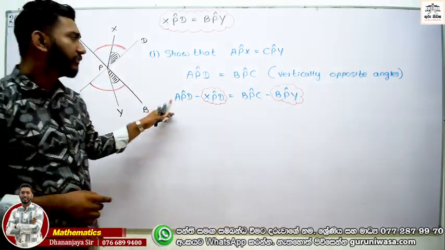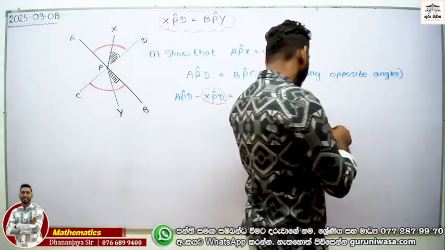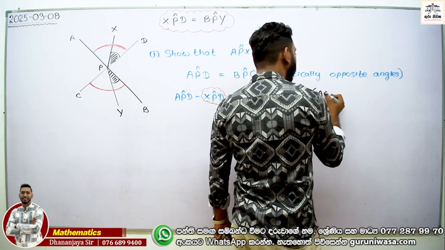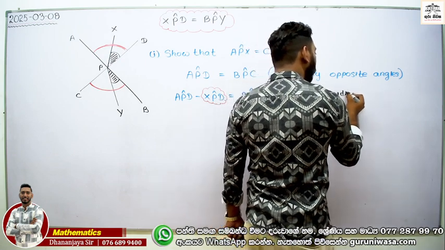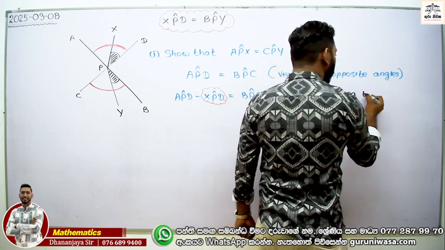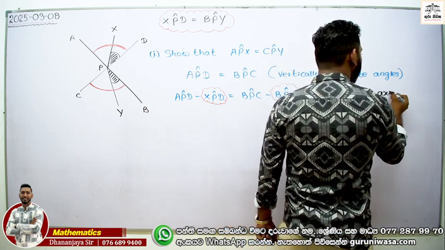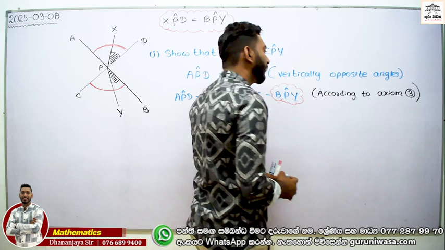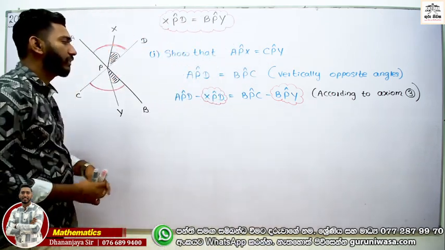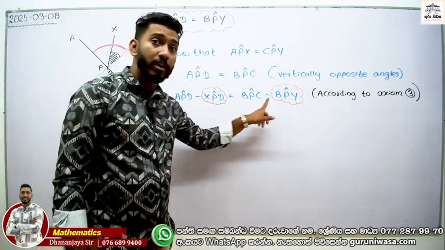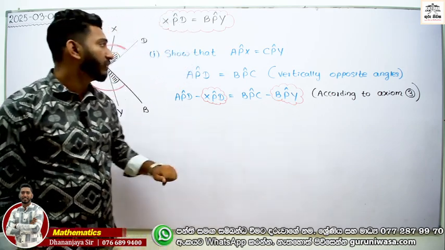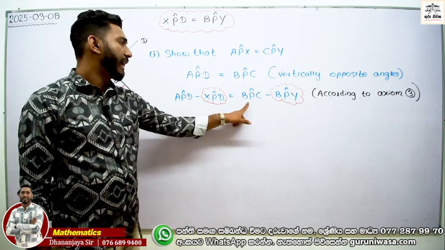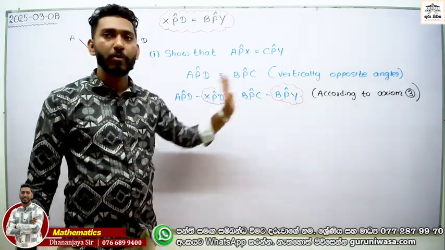Therefore, we can write a sentence like this according to axiom number 3. We can write it like this: equal quantity subtracted from the equal quantity, because APD and BPC both are equal. From them we subtracted XPD and BPY, right?